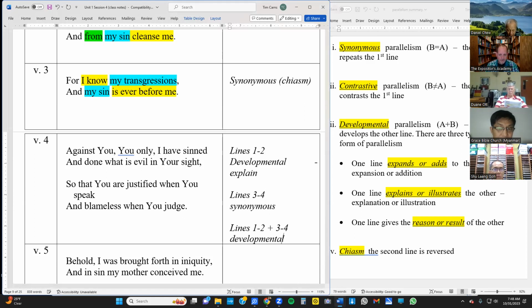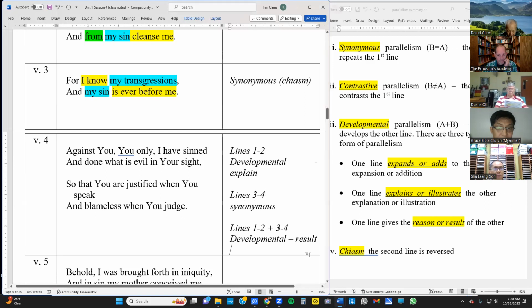Okay. Good. Let's take a look at each of these. And what you'll notice, by the way, is I put in here, I think David here is coupling the first 2 lines and then the next 2 lines. And then I see a connection between those 2. So against you, you only, I have sinned.